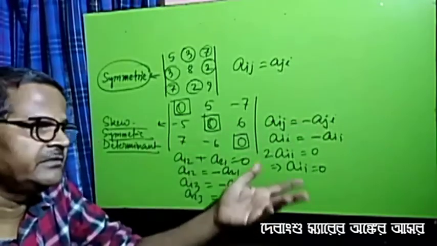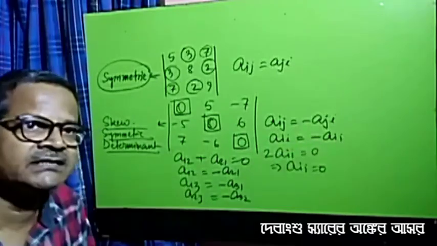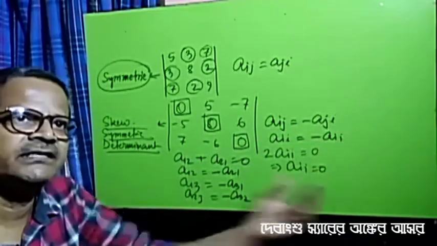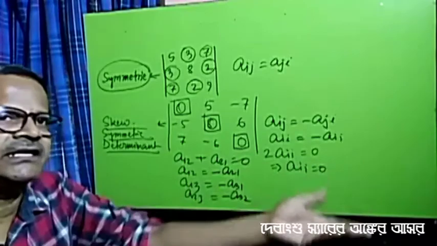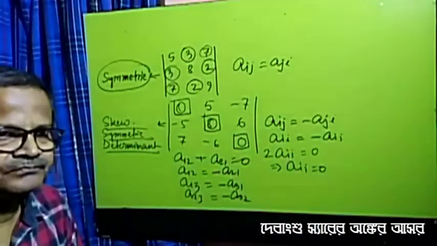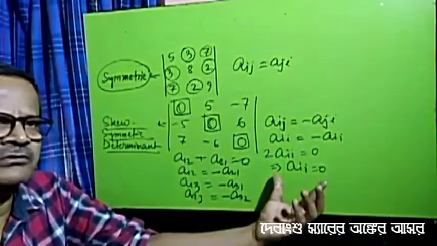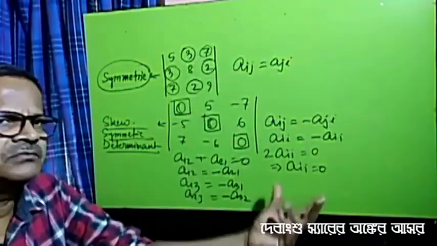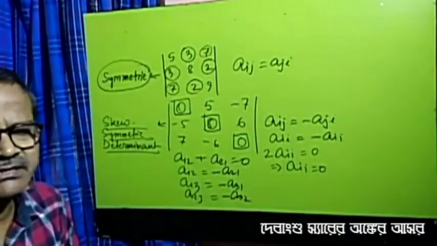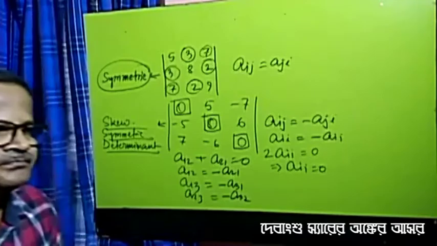For diagonal elements, i is equal to j, which implies Aii is equal to minus Aii, or Aii equals 0. Hence, the diagonal elements are 0. Very simple proof. So this is a very common 2 marks question: prove that the diagonal elements of a skew symmetric determinant are always 0.